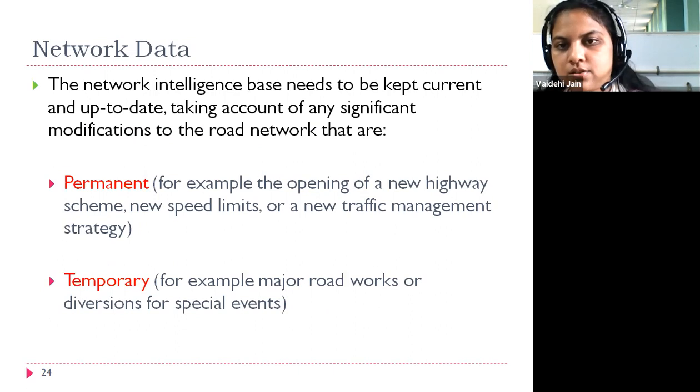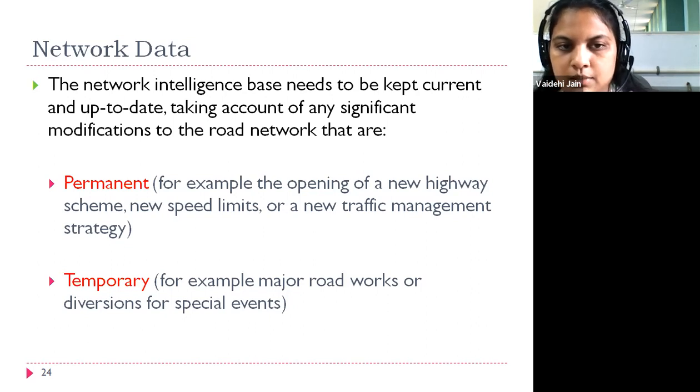The network intelligence base needs to be kept current and up to date, taking into account any significant modifications to the road networks. Means what? The data should be real time, up to date. It should not be haphazard. Real time means if any type of work is going on right now, or in the future or recent past, everything should be included in that network data.